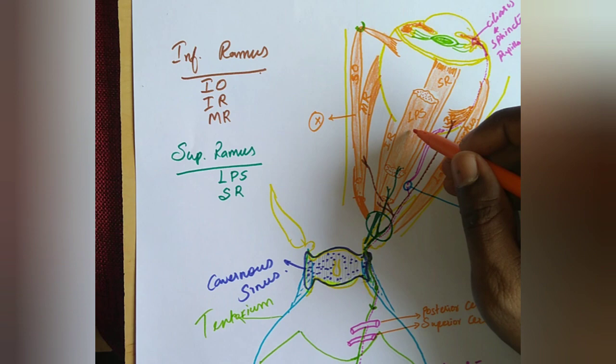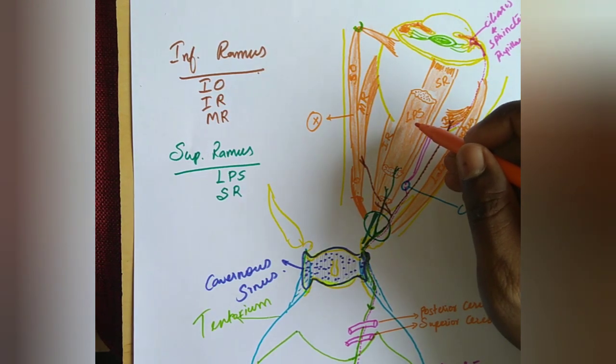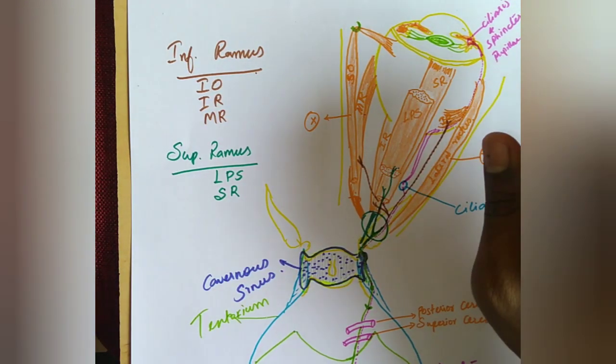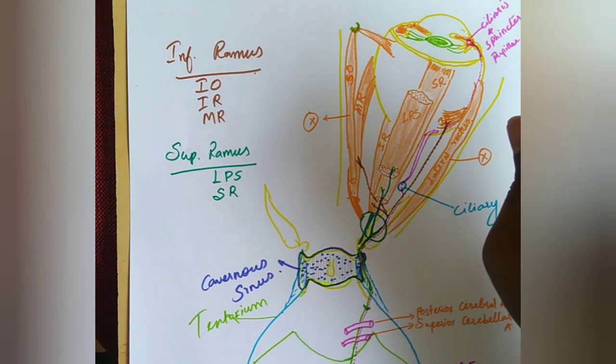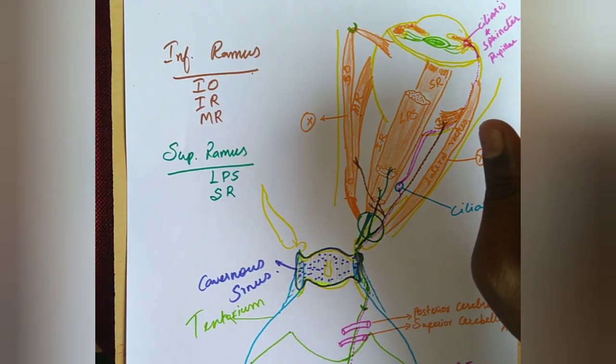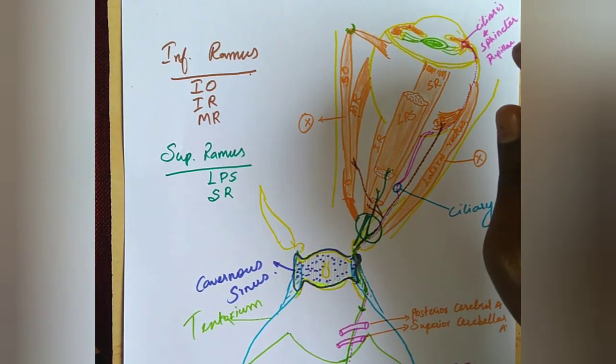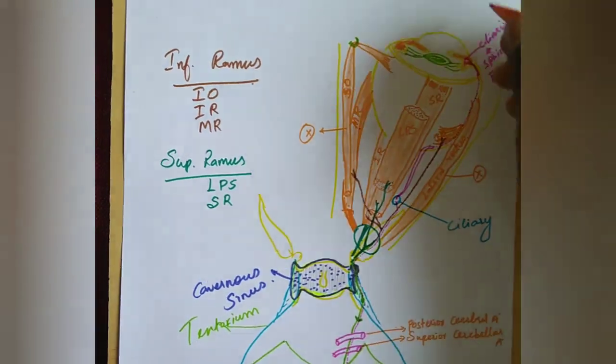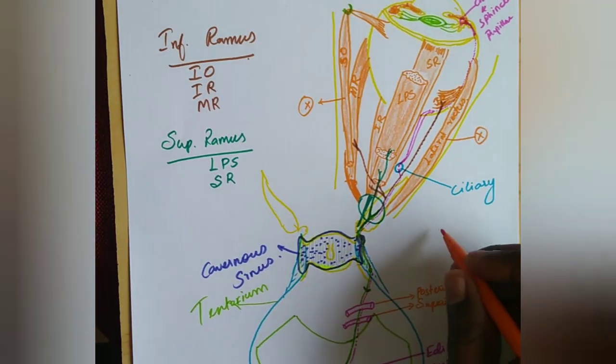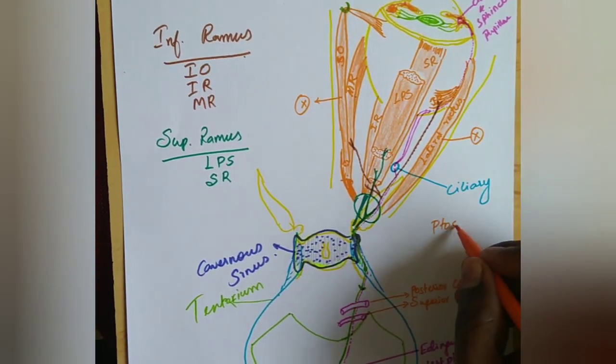If this is paralyzed, there will be inability to open the eye completely, with drooping of the upper eyelid. This is called ptosis. The first applied importance is ptosis.